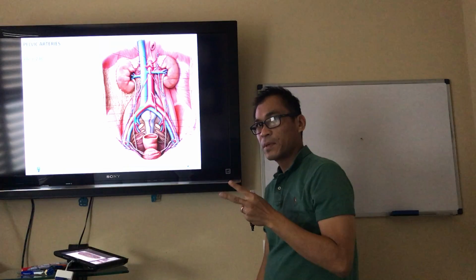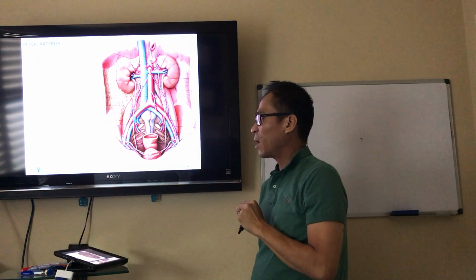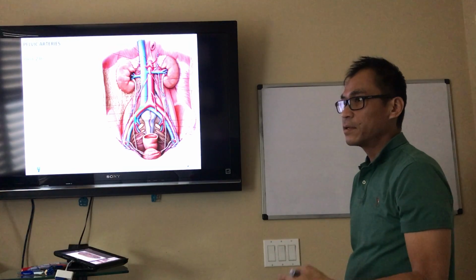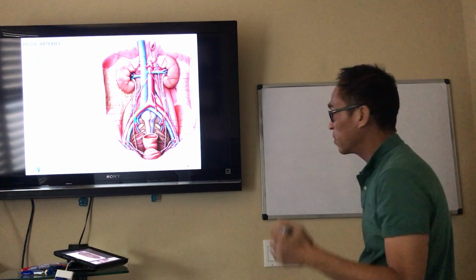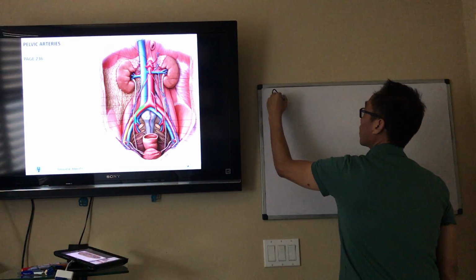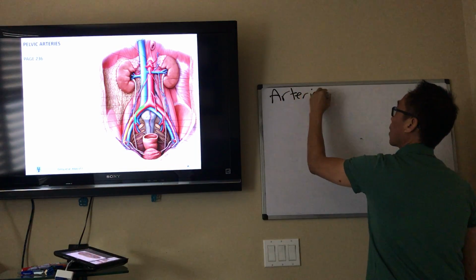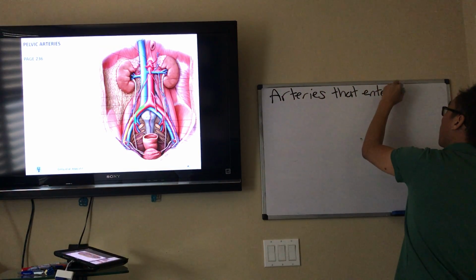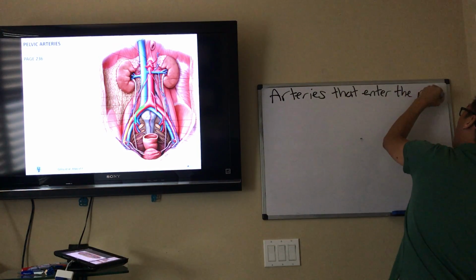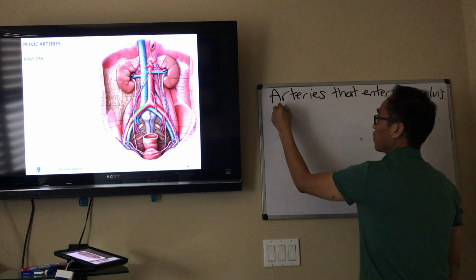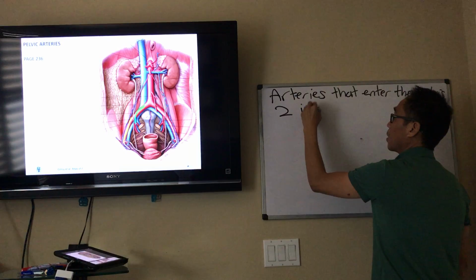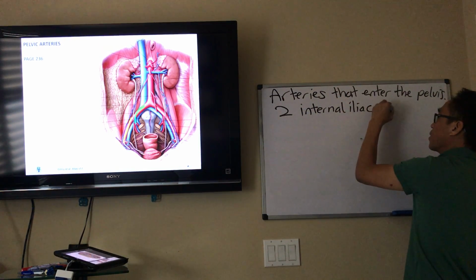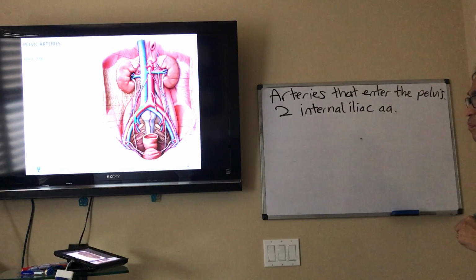Two blood vessels that enter the pelvis, specifically arteries, are the right and left internal iliac arteries. That's two. Arteries that enter the pelvis: we have two internal iliac arteries, the right and the left.